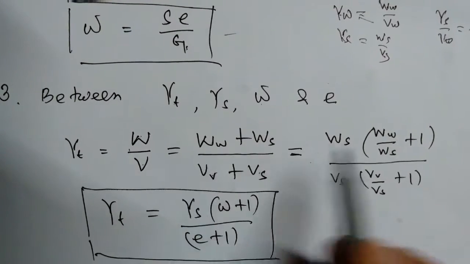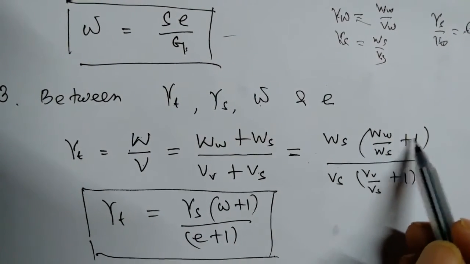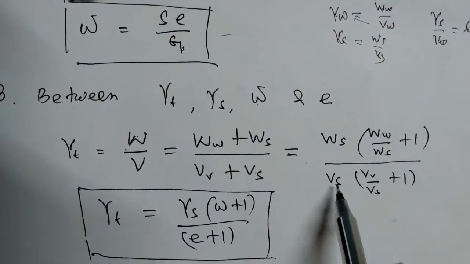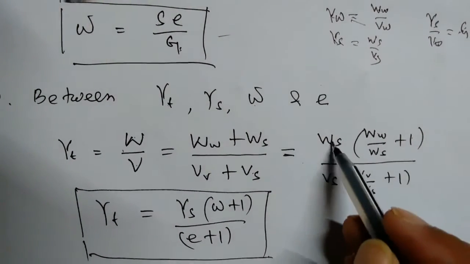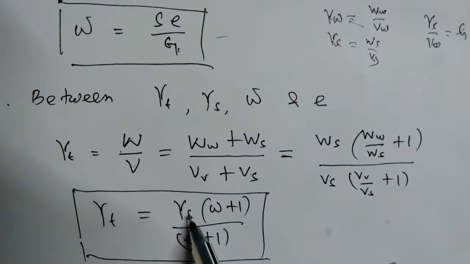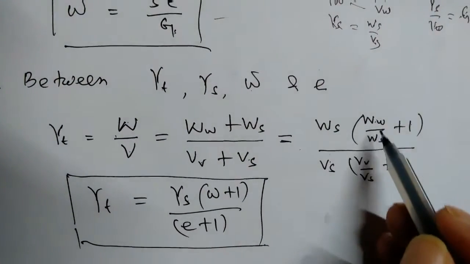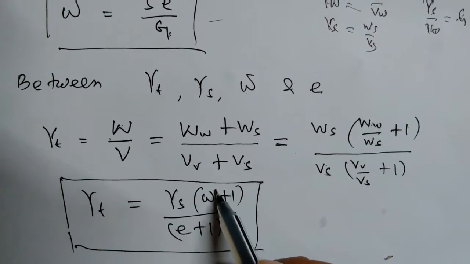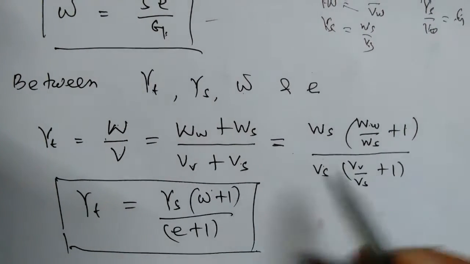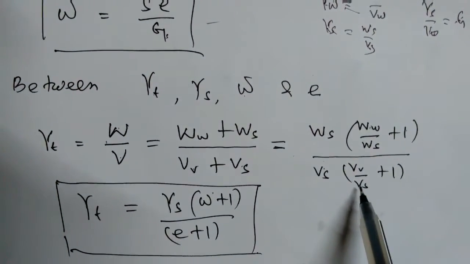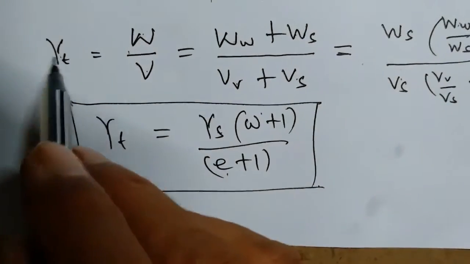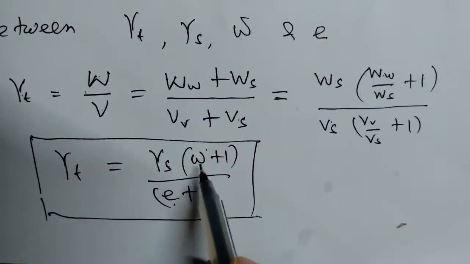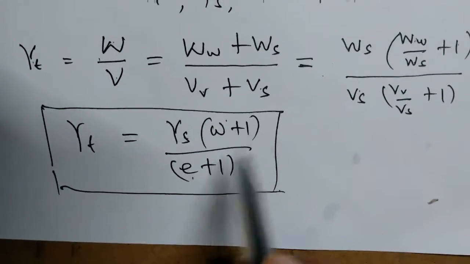Taking weight of solid common, weight of water by weight of solid plus 1. Here also taking Vs as common, Vv by Vs plus 1. Now Ws by Vs is equal to gamma S. Weight of water by weight of solid is water content, plus 1. Here Vv by Vs is void ratio, plus 1. So now the formula becomes gamma T is equal to gamma S into (1 plus omega) by (1 plus e).